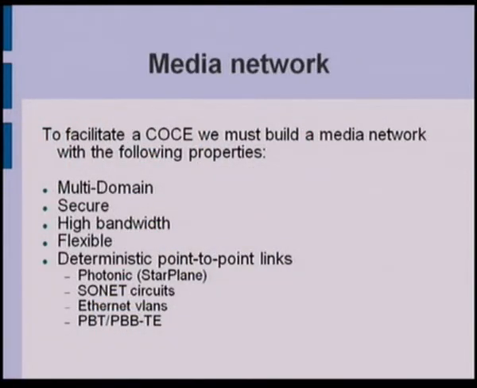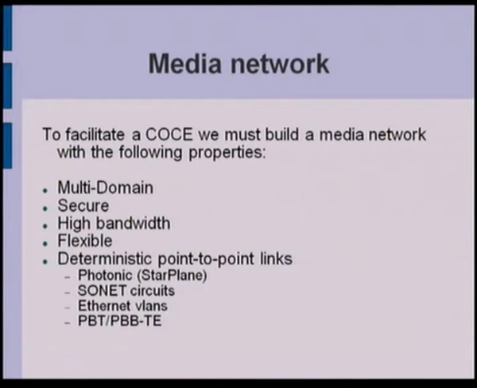Okay, to facilitate the Coke, we must build a media network with the following properties. Multi-domain. SceneGrid is an international organization with a lot of different companies, so it has to be able to communicate multi-domain.